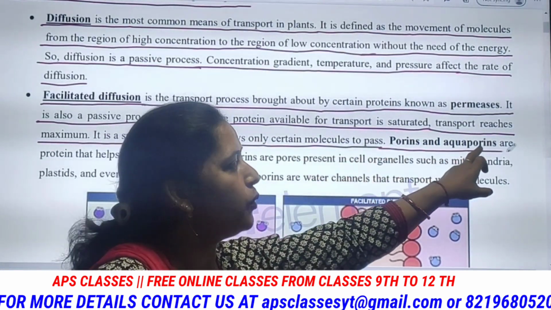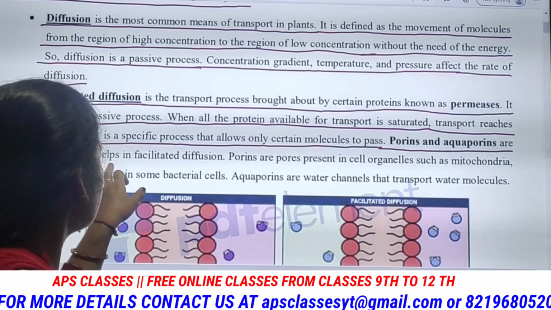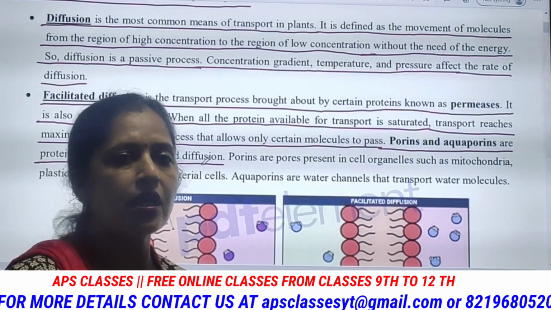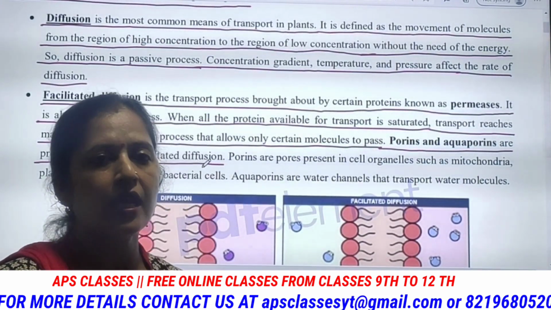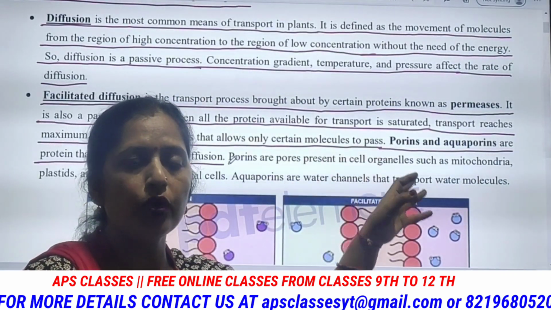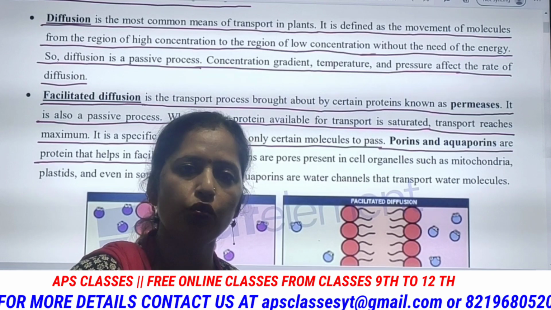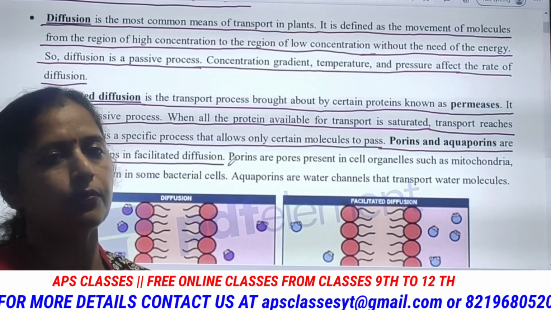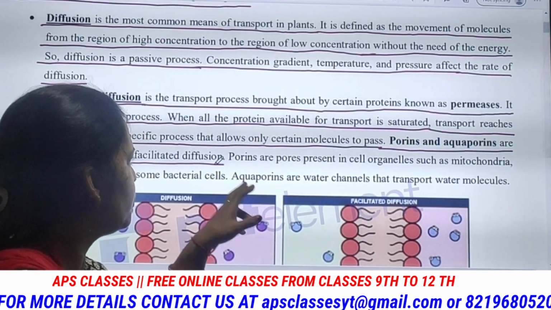Porins and aquaporins are proteins that help in facilitated diffusion. That means there are 2 types of proteins that help in the process of facilitated diffusion.